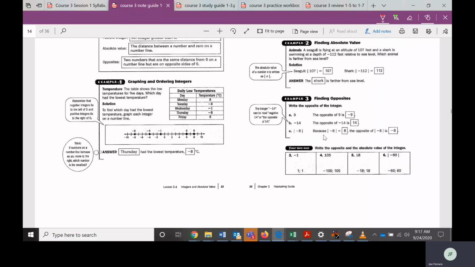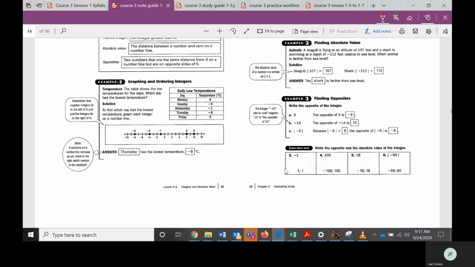The absolute value of -8 is +8. And then the opposite of that, because now we need to find the opposite, is -8. So that's a little tricky one. Just pay attention to that when you're doing them, and we'll look at it as an example. So down here, the directions are to write the opposite and the absolute value of an integer.